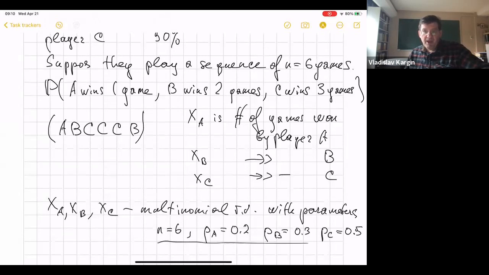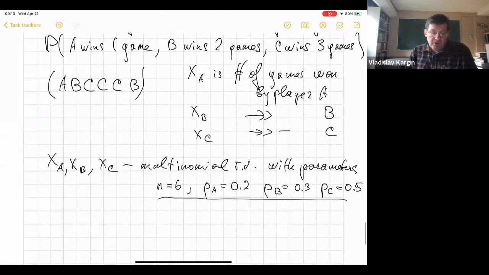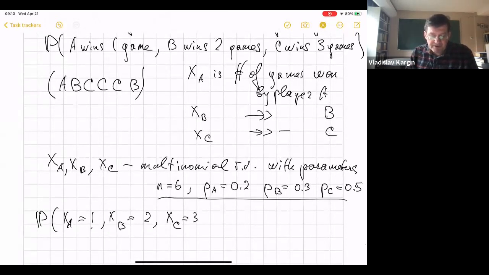So what you're interested in is the probability that XA is equal to 1, XB is equal to 2, and XC is equal to 3. We just plug it into the formula and get the answer.